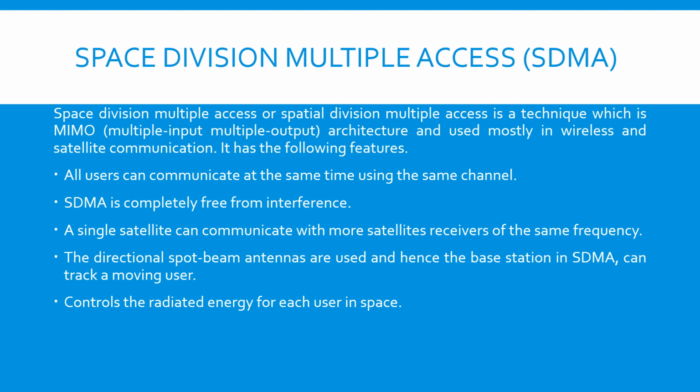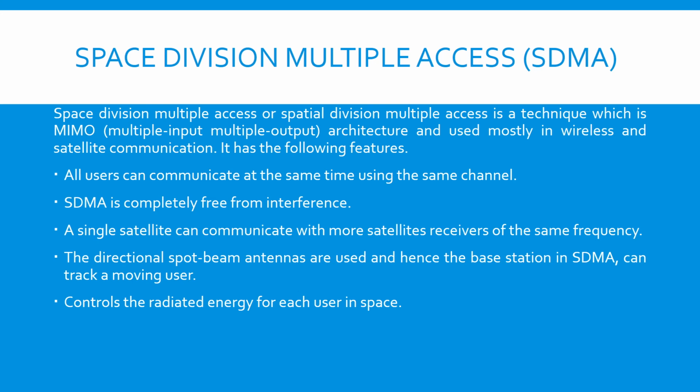Now we have space division multiple access. Space division multiple access, or spatial division multiple access, is a technique which uses multiple input multiple output architecture and is used mostly in wireless and satellite communication.